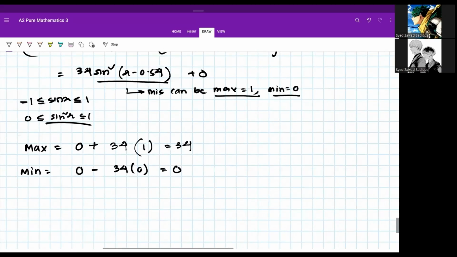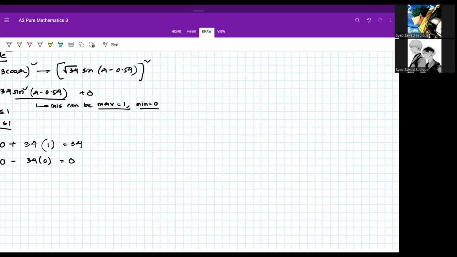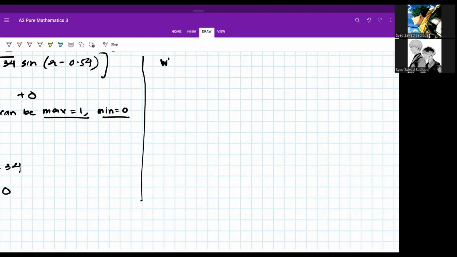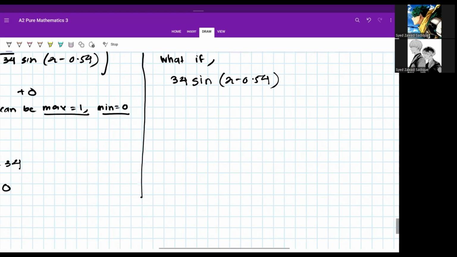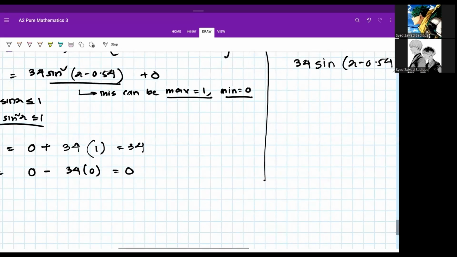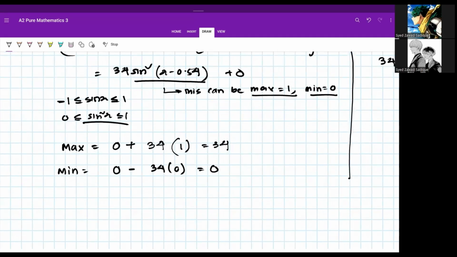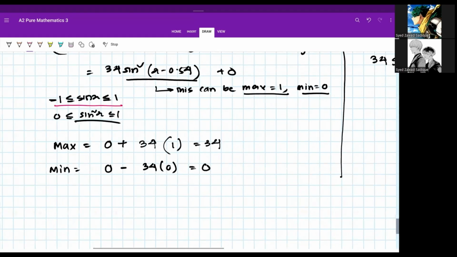Now, what if the entire thing was 34 sin(x − 0.54)? Then what would be the max value and the min value? From here, we know that the range of sin x is from −1 to 1.